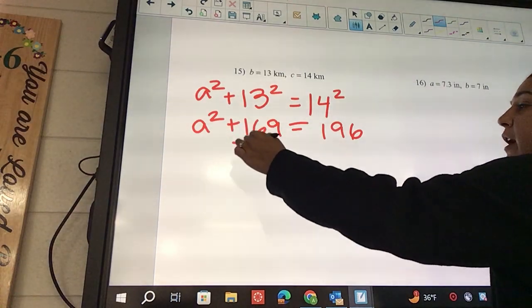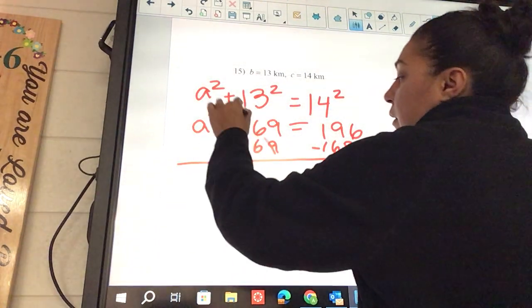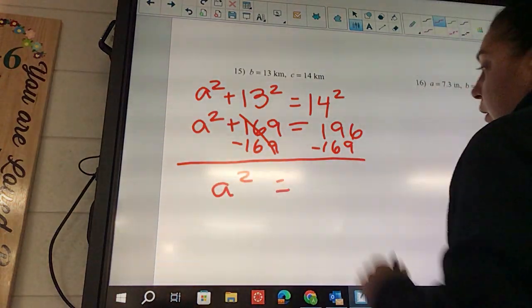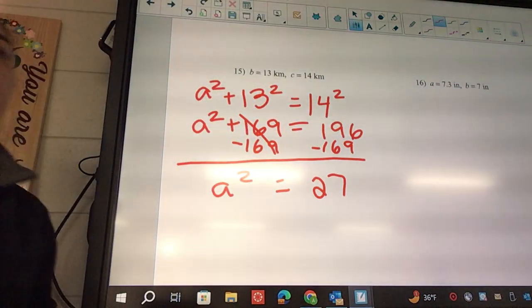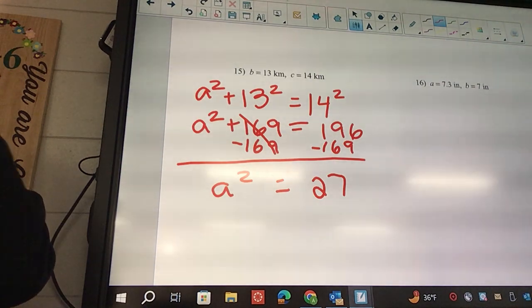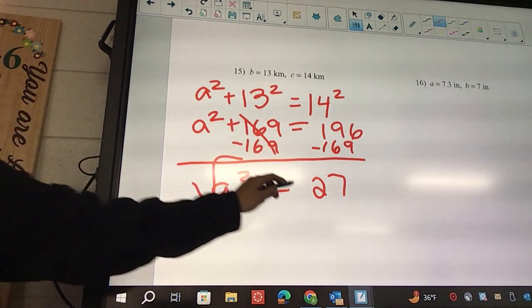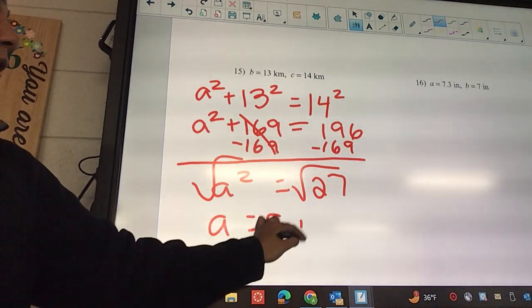Okay, I'm going to subtract 169 from both sides. You get 27. Somebody agree with that? Okay. And then we're going to square root both sides. 5.19. Yep.